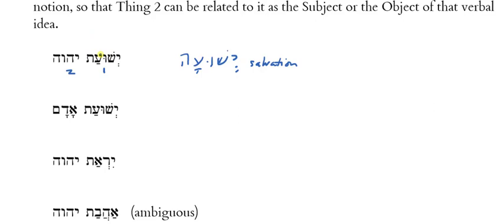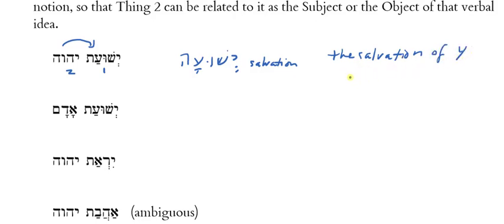And when thing 1 has an inherently verbal idea, thing 2 is going to be related to thing 1 as either the subject or as the object of that salvation. So which is it here? The salvation of Yahweh is what? Does somebody need to save Yahweh? Is Yahweh the object of the salvation?